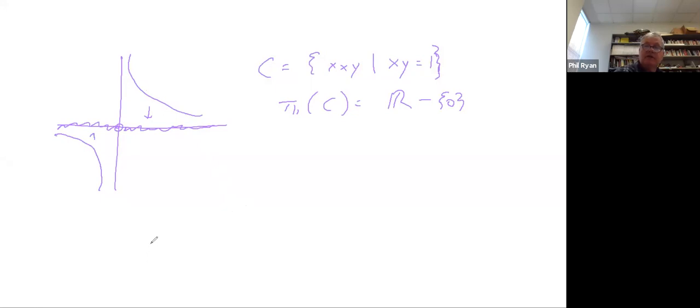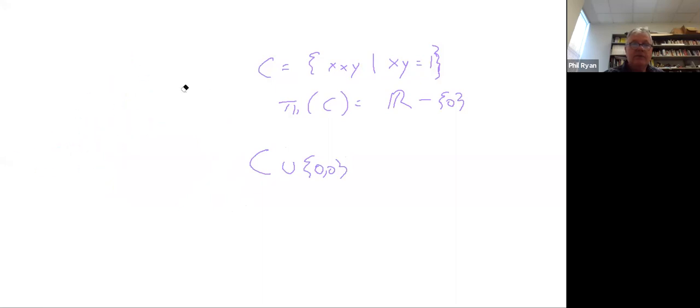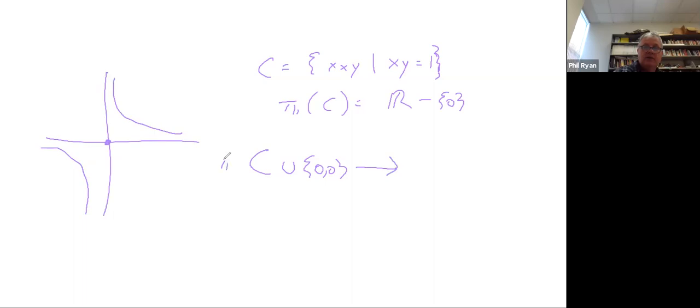Okay, now for our next example, if we consider C and we add in the origin, so now our set that we're interested in is the hyperbolas plus the origin, if we restrict pi1 to that, we'll get a map to R. That's going to be a set bijection, but again, it's not going to be a quotient map.